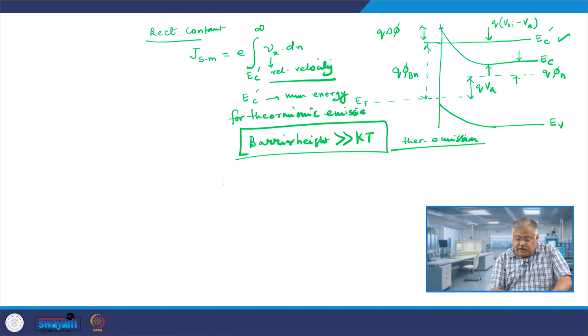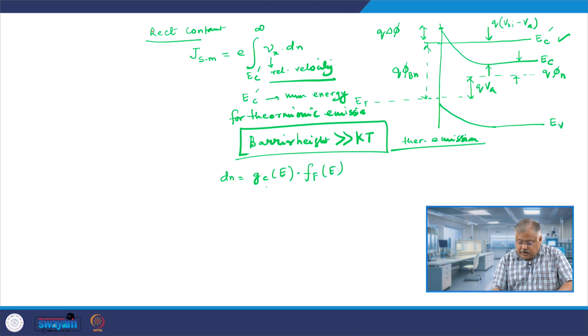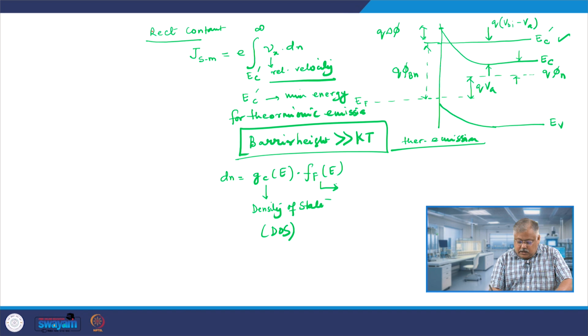Now, dN can be written, in a very standard form, as g(E) multiplied by f(E), where g(E) is basically the density of states, DOS, and f(E) is effectively the Fermi function, times dE.